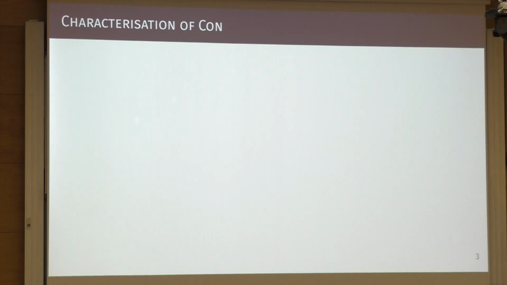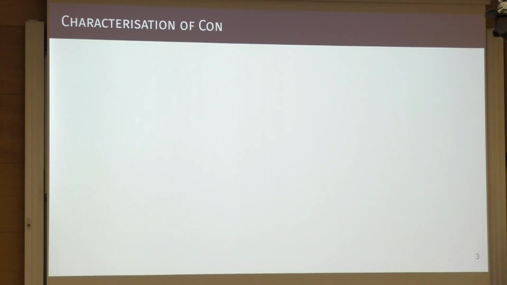So at this point, I'm ready to state the characterization of Con, which is due to Chris and his collaborators Andre and Nesta. It's quite an involved theorem statement, which is why I'm taking a moment before I put it on the screen to say some things.